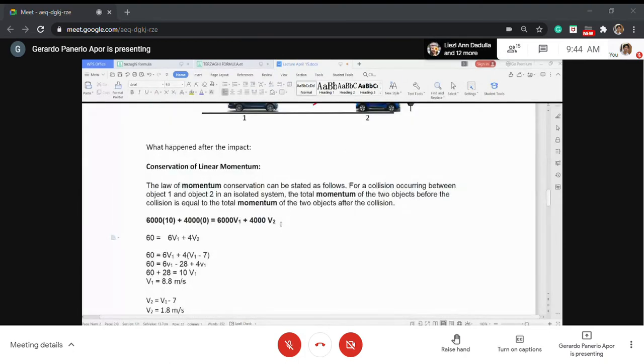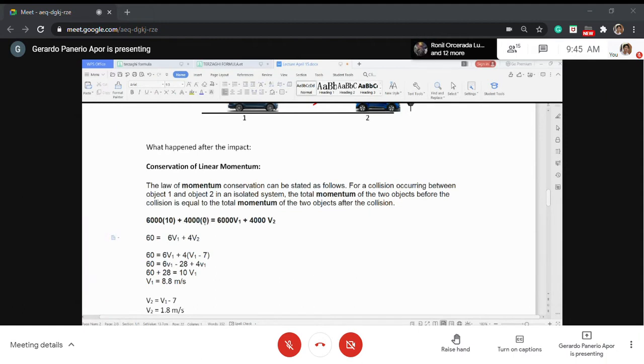According to the law of conservation of momentum, on the left hand side of the equation is the momentum of the two objects before the collision. Object 1 weighs 6,000 kilos and its velocity is 10, so the momentum is 6,000 times 10, while the other car is 4,000 times 0.